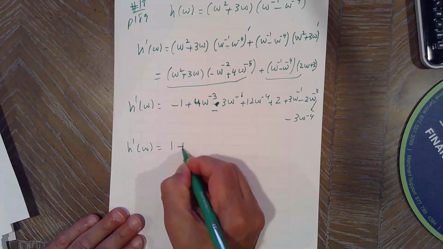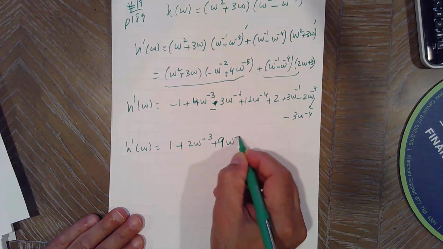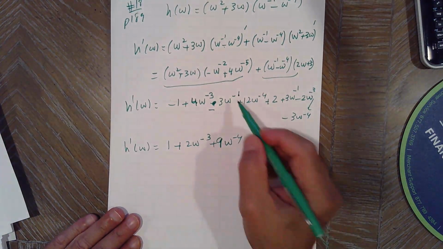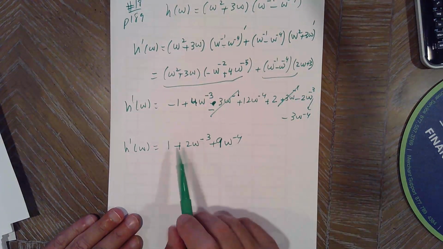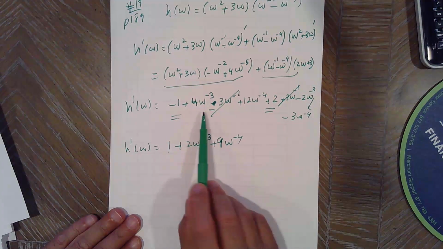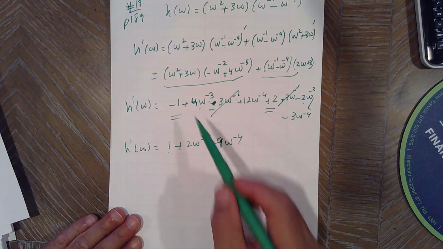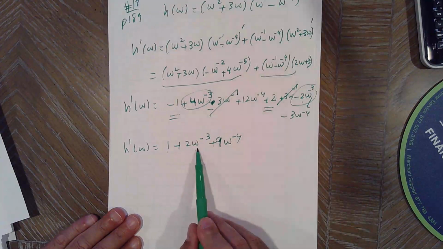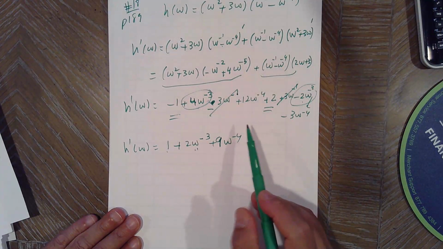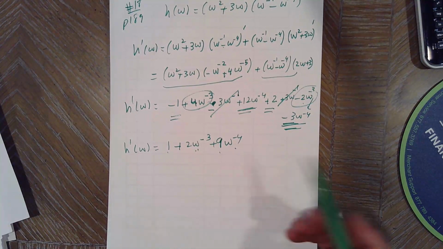And it ends up being this, 9w to the negative 4. These cancel out, and negative 1 plus 2 is 1, and 4w to the negative 2 minus 2, these two give me this, and then you have 12 minus 3 is 9w to the negative 4. Okay.